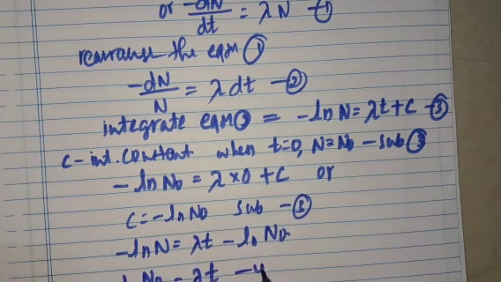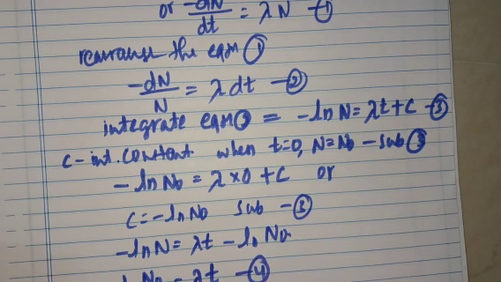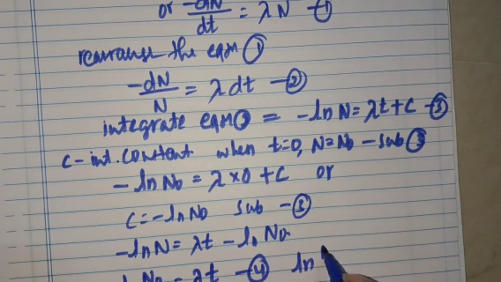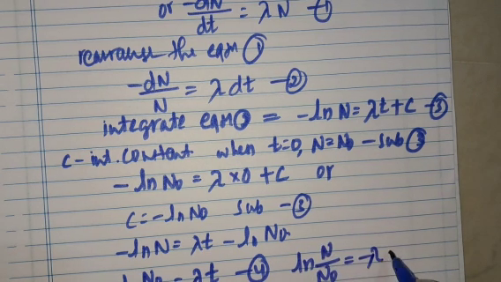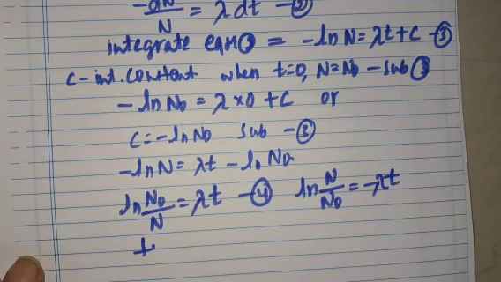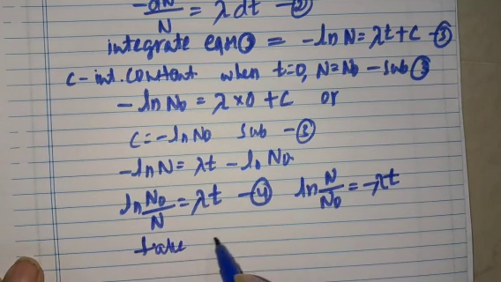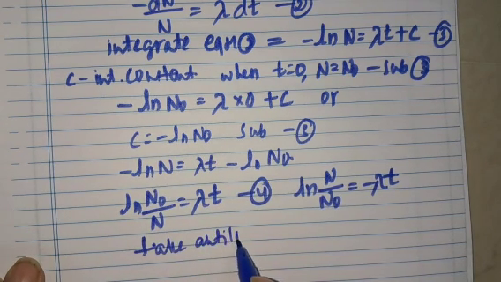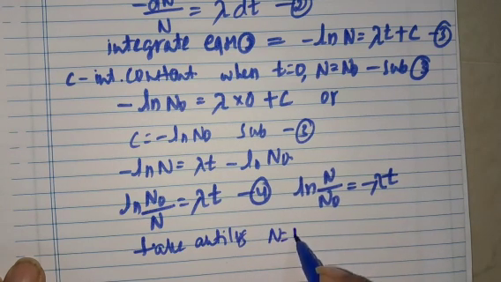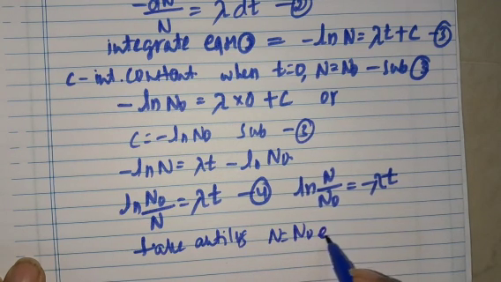Let us call this equation number 4, or this can be written as ln(N/N0) = -λt. Take the antilog, that is N = N0 e^(-λt).